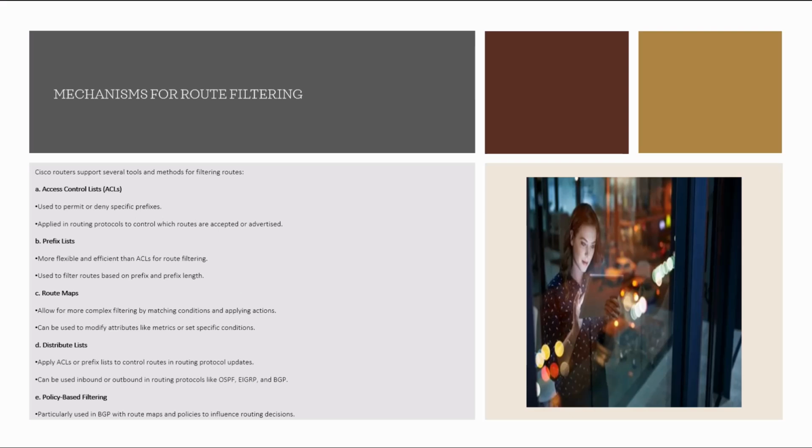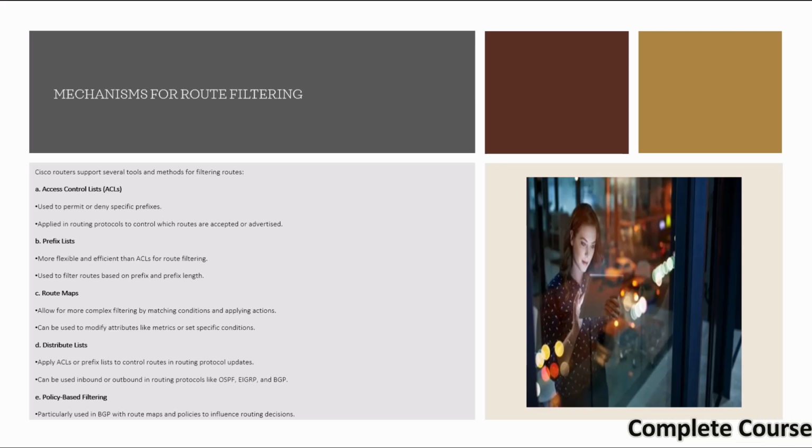ACLs are used to permit or deny specific prefixes applied in routing protocols to control which routes are accepted or advertised. The second option is prefix lists, more flexible and efficient than ACLs for route filtering, used to filter routes based on prefix and prefix length, as you have seen in my lab.